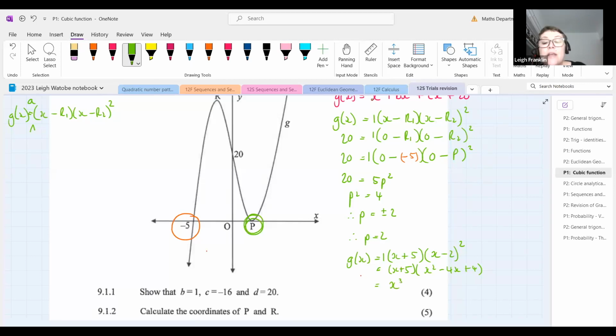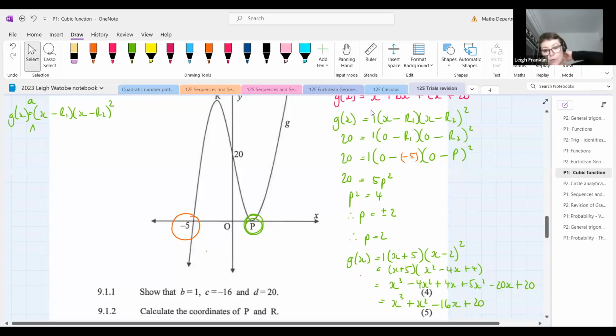So that gives us x cubed minus 4x squared plus 4x plus 5x squared minus 20x plus 20. So this is going to be equal to x cubed plus x squared. 4 take away 20 is minus 16x plus 20.